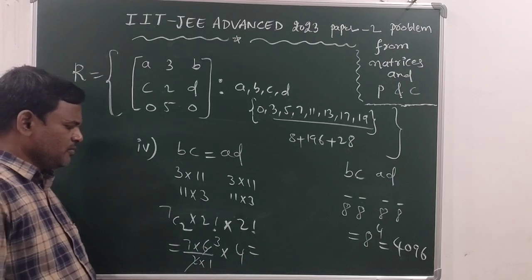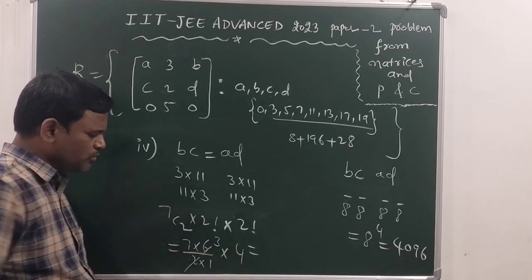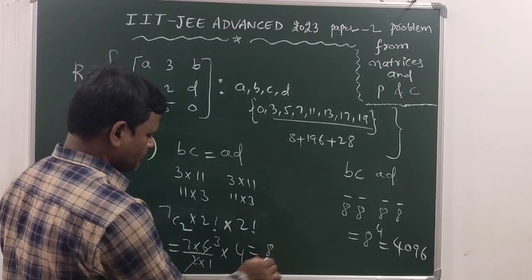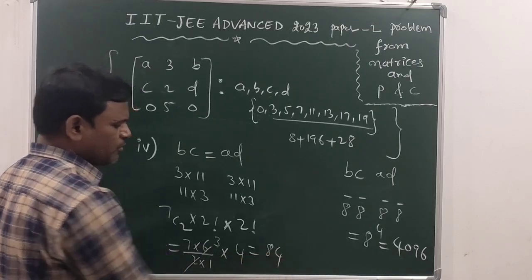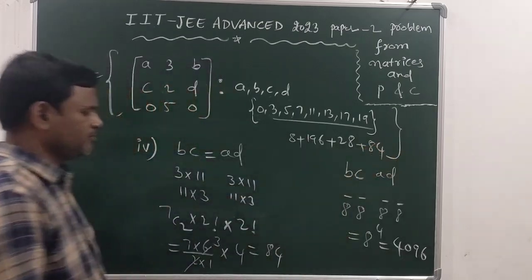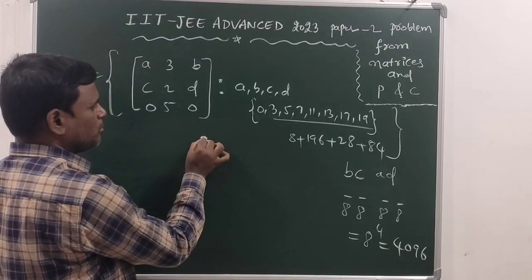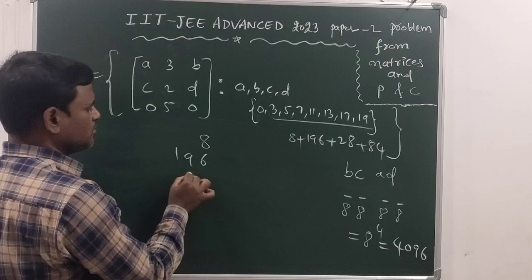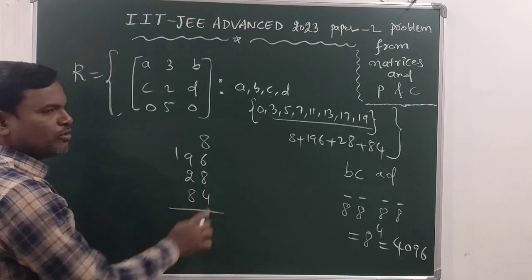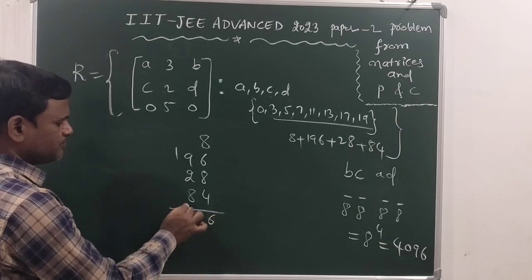See students, how many have we got here? 7 3s are 21, 21 4s are 84. Now this collection we don't want. Now add all of them. So if you add all of them, how much do you get? 8, 196, 28, 84. Now 8 and 4, 12. 12 and 6, 18. 18 and 8, 26.